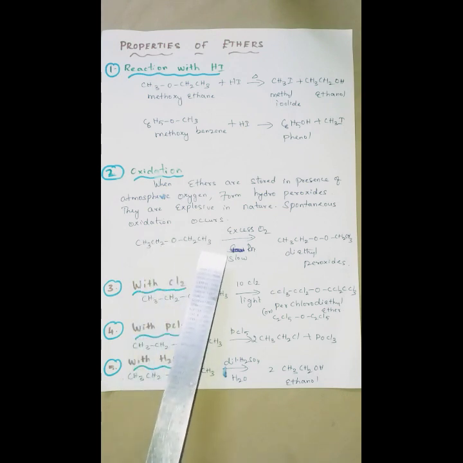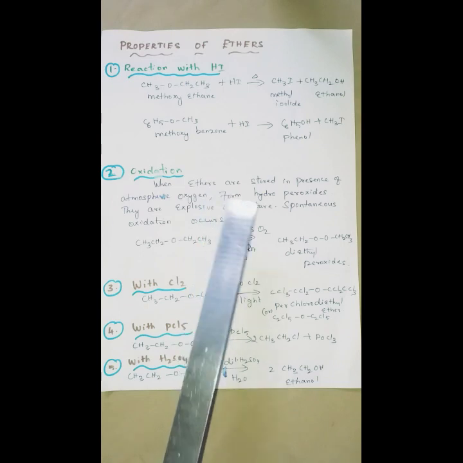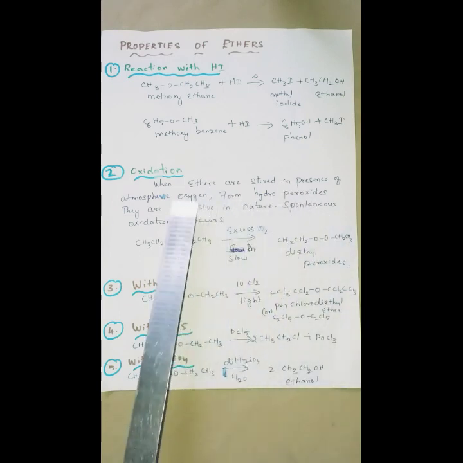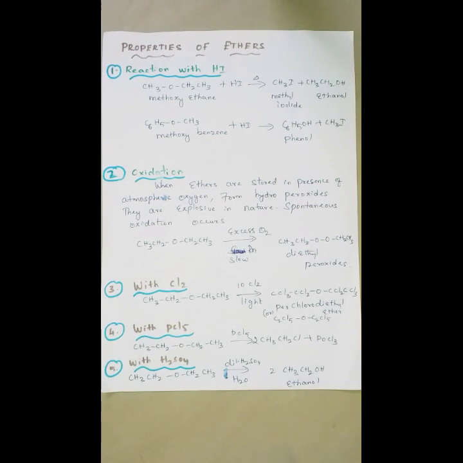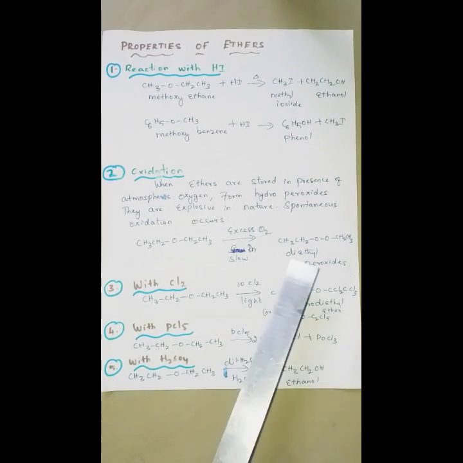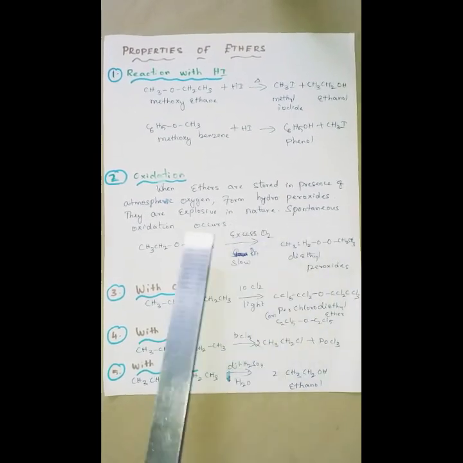The next is the oxidation reaction. When ethers are stored in the presence of atmospheric oxygen, mostly ethers are highly volatile substances, even when stored in the presence of atmospheric oxygen, they form hydroperoxides. That means when there is an O-O linkage, we call it a peroxide. These hydroperoxides are very explosive in nature, and a spontaneous oxidation occurs.